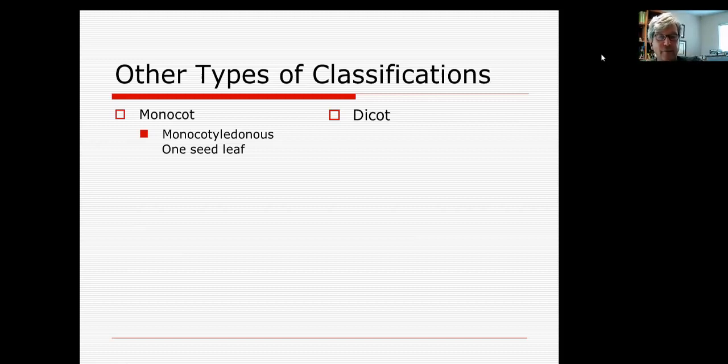And a dicot would have how many? Two. There you go. So we're going to go first through monocots, and then I'm going to compare the dicots to them. Dicot is short for dicotyledonous, but no one wants to say dicotyledonous constantly, so we've abbreviated it to dicot.